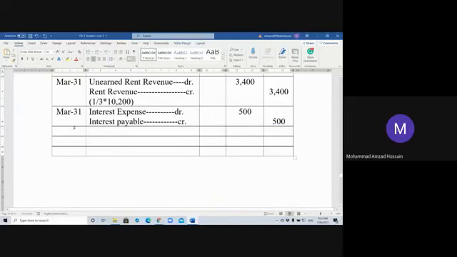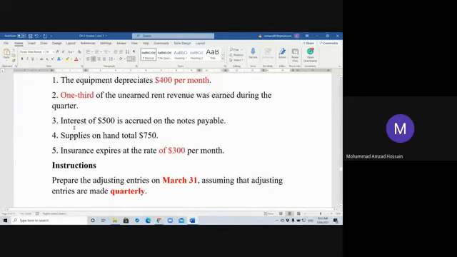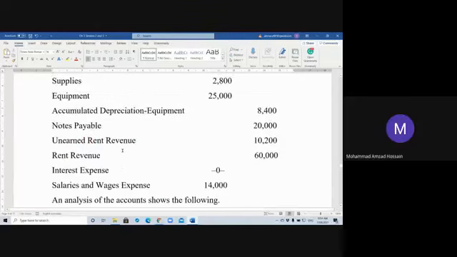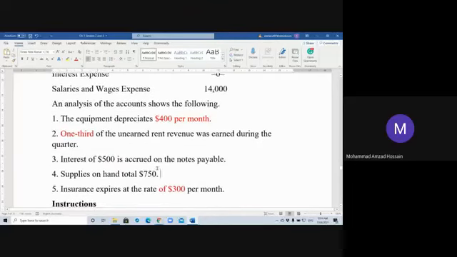And then the next problem. Supplies on hand total 750. So what will be the adjusting entry for this? Supplies expense debit, supplies credit. What will be the amount? Sir, we have to subtract 750 from 2800. So supplies purchased were 2800 minus 750.